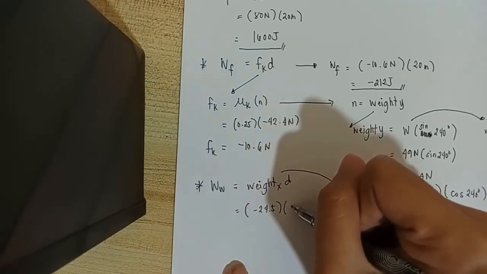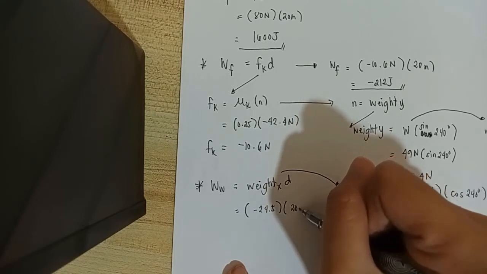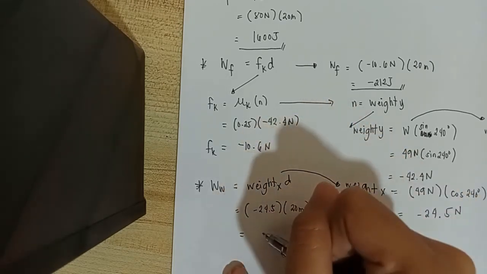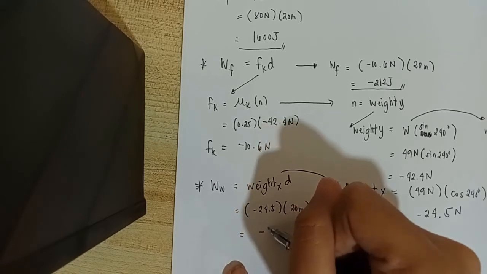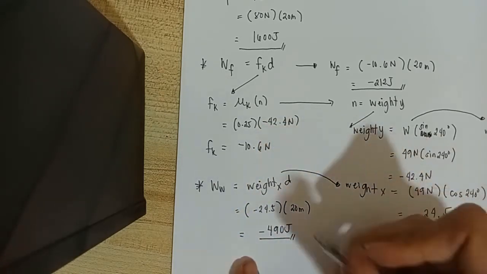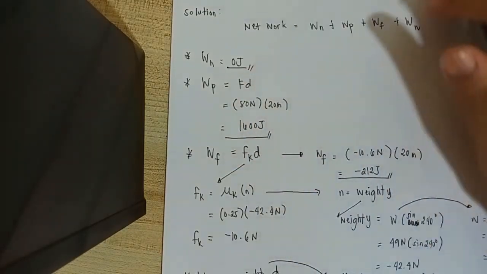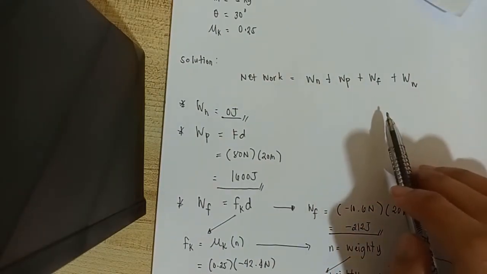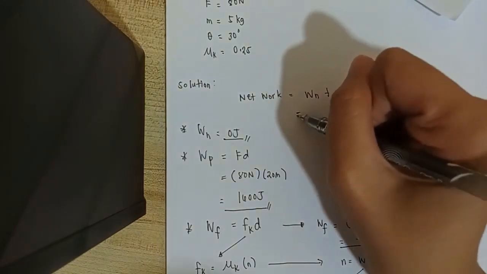So that will be negative 24.5 Newton multiplied by 20 meter. That will be negative 490 joules. So we already have our 4.